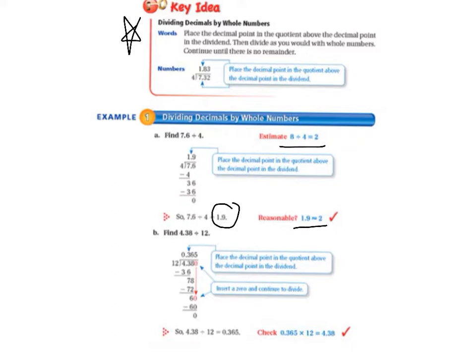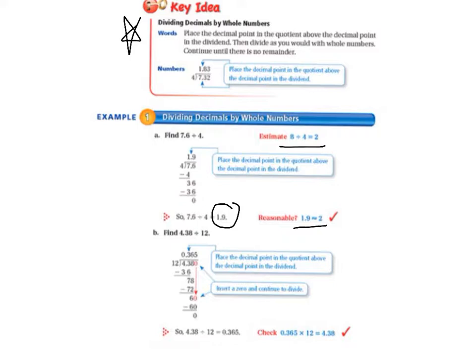And then we are going to find 4 and 38/100 divided by 12. So we, again, place our decimal point on top of the house in the quotient where it's right above the decimal point in the dividend. 12 goes into 4 0 times.